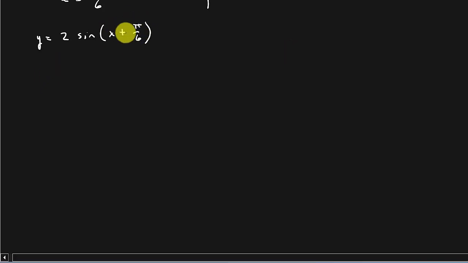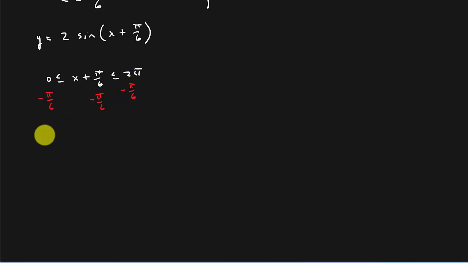So whatever you're taking the sine or cosine of, you're going to put that between 0 and 2 pi. And then you're going to solve for x. So I'm going to subtract pi over 6 from both sides.